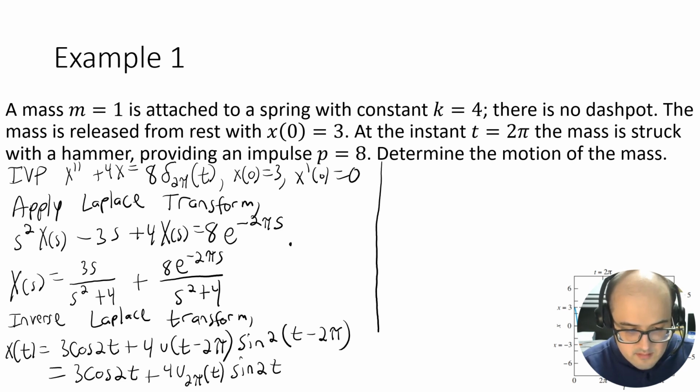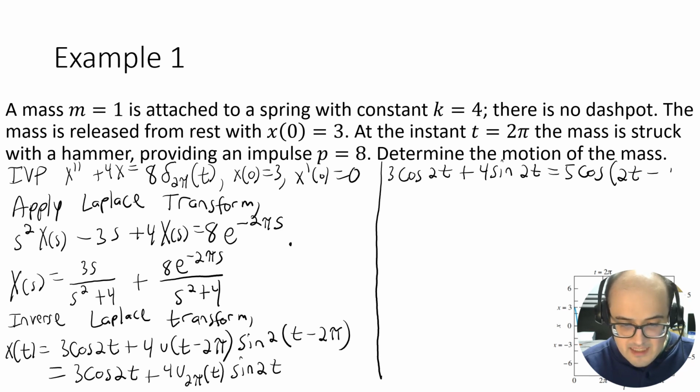Okay, so from this, 3 times the cosine of 2t plus 4 times the sine of 2t is equal to 5 times the cosine of 2t minus alpha, with alpha being the inverse tangent of 4/3. And that number is about 0.9273.